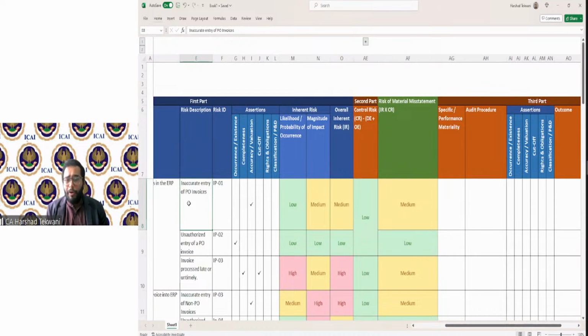What audit procedure will you perform? Come on, guys. In order to check whether the invoices are accurately entered into the ERP, what audit procedure will you perform?